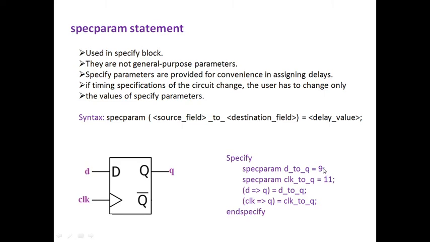Such that if these values are changed here, this assignment is applied to D to Q as well as clock to Q. No need of changing everywhere inside your program. For example, the new value for the path from D to Q is 14, and the new value for the path from clock to Q is 16 seconds. So inside my program I need not change many times. Simply I can change the value here itself. Once I change the values, this is assigned to the D to Q variable.